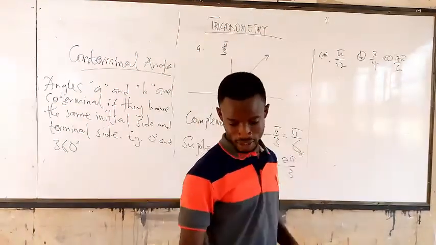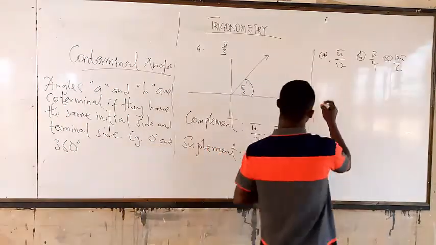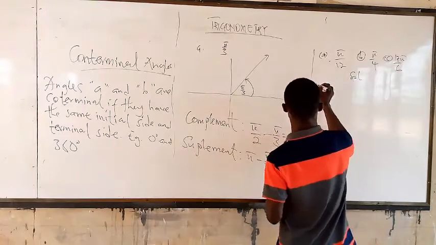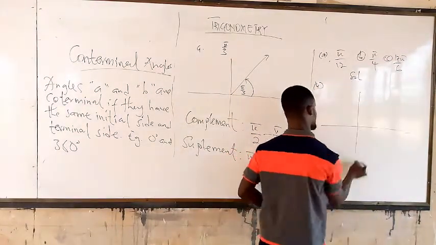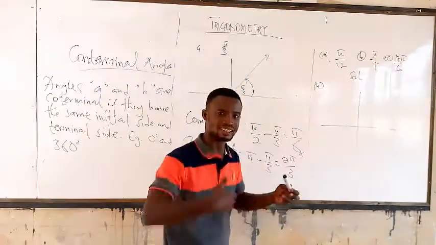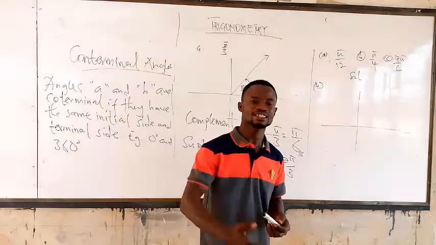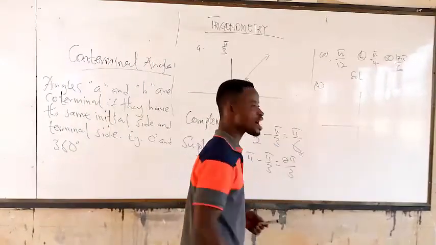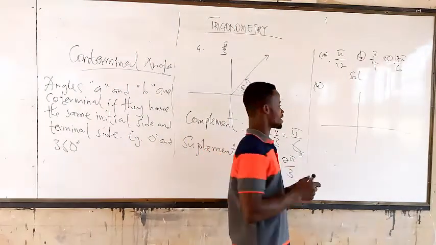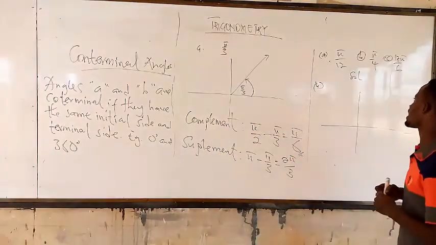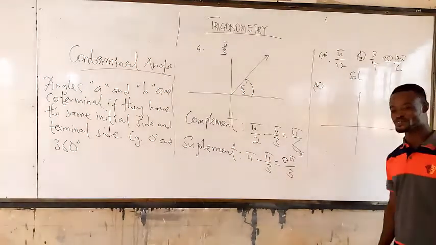Alright, let's continue. Looking at the first example, there is a need for you to sketch it first, to know the quadrant it falls in. Knowing the quadrant is very necessary as far as coterminal angles are concerned. Pi over 2 is 90 degrees.